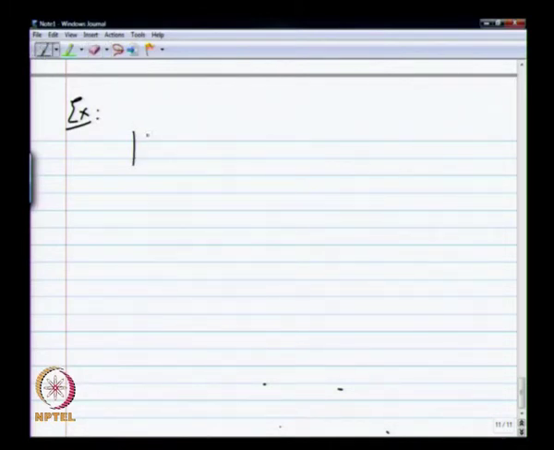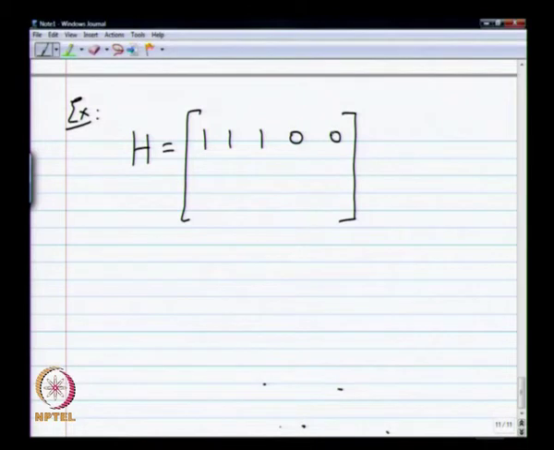Okay, so let us take a slightly larger example. So this is a bit painful. So let us try this 111, let me try 00. Okay, so we will try 5 columns and then let us try this.